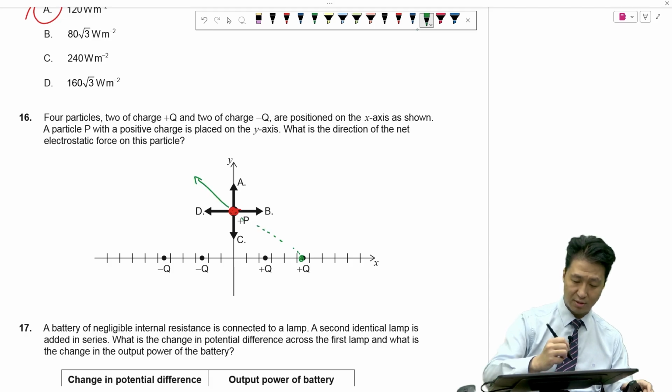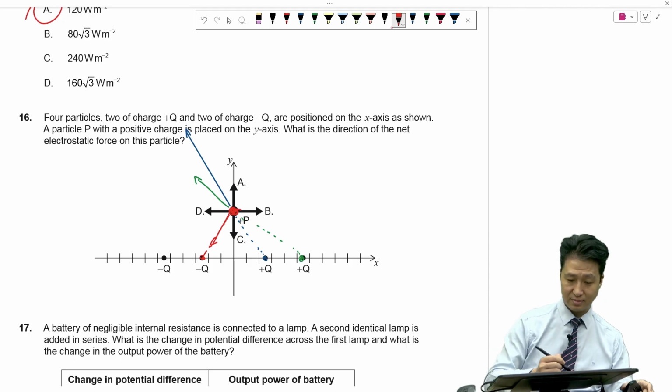So let's do this. Next, the other positive charge is closer, but it's also positive, so it's going to repel it, and it has a bigger force. Next, this negative charge here is an attractive force, so it goes like that.